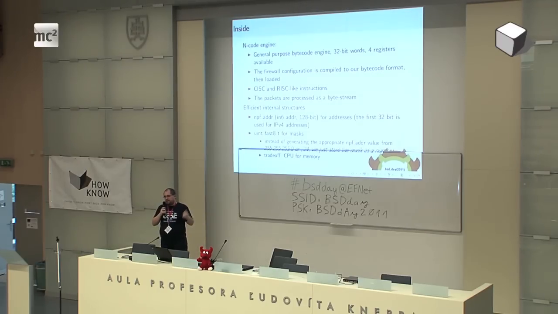So I plan to do this as an option, so you could change this at runtime. Because on some systems, one might perform better, and on some systems the other. Okay, and we have our NPF ADDR structure, which is basically just a typedef for in6_addr. Okay.